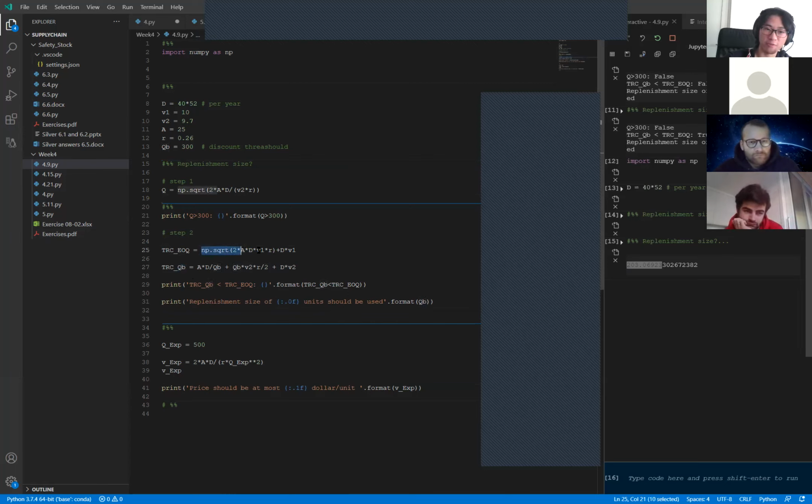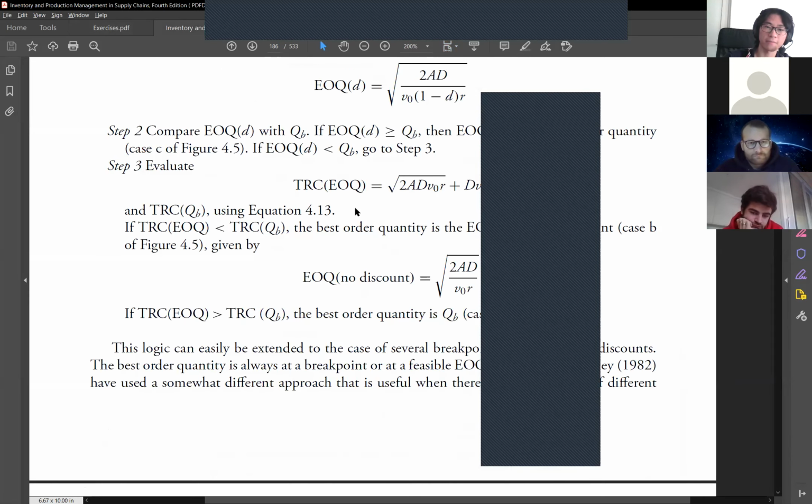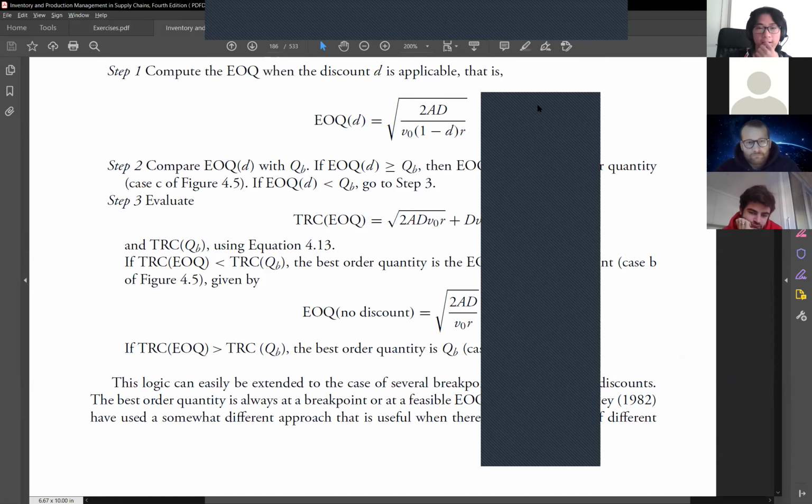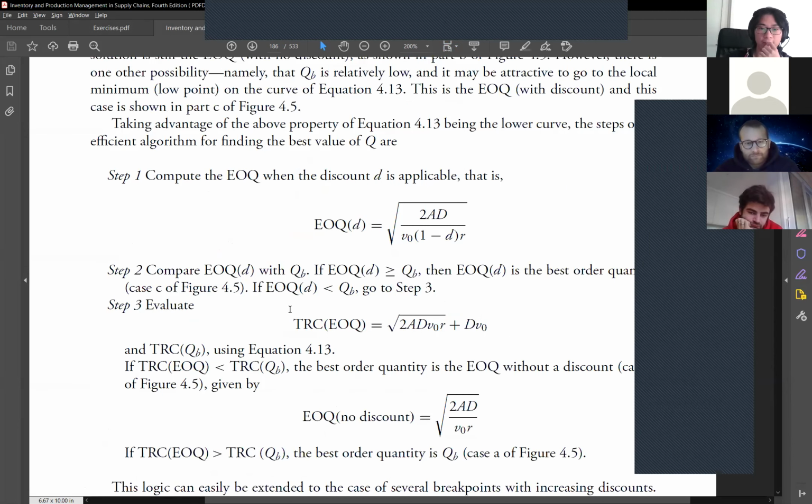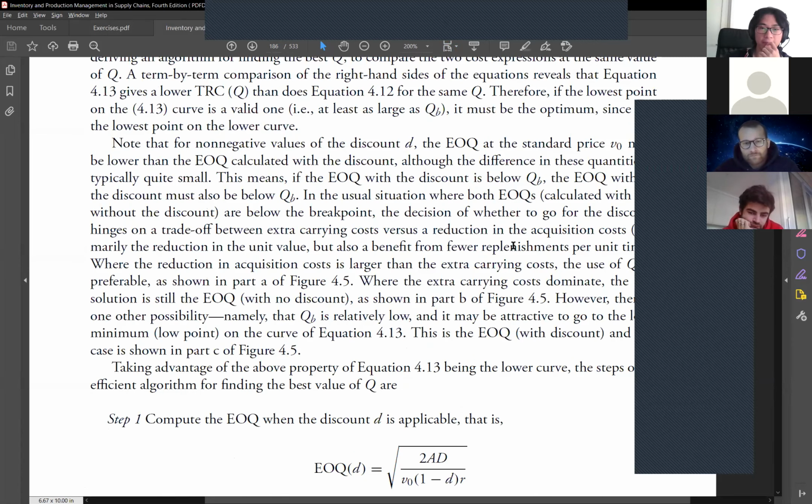And the formula for the first one is square root of 2AD times the original price times the carrying cost, which is the sum of the holding cost and ordering cost, and then the purchasing cost using the original price. You can find the equation here in the book. As you can see, this is our equation for the EOQ point.